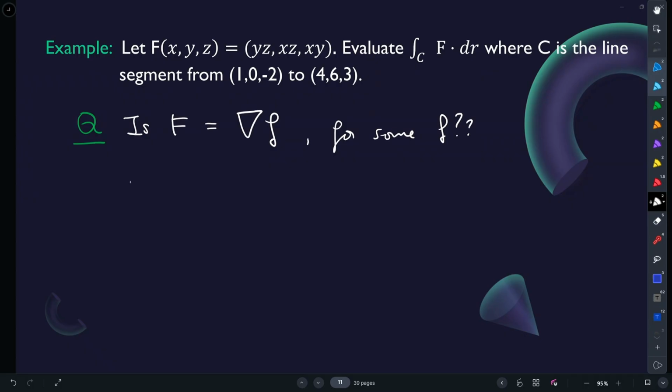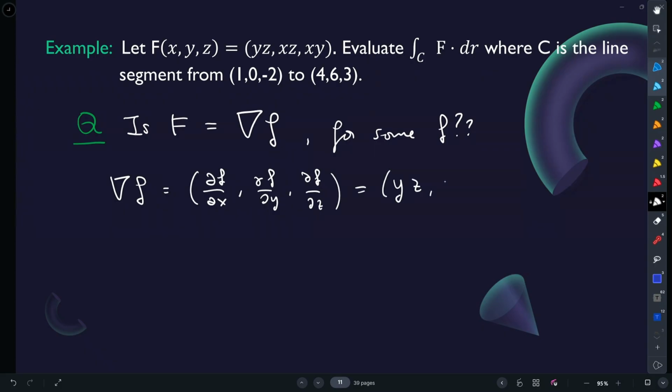If this was a gradient, so if the gradient of f is, I know what the gradient is: the derivative with respect to x, the derivative with respect to y, the derivative with respect to z. If that is yz, xz, xy, then what was f? xyz. It's not always going to be this easy, but we're going to work on this in a moment to try to figure out how to do this in general.